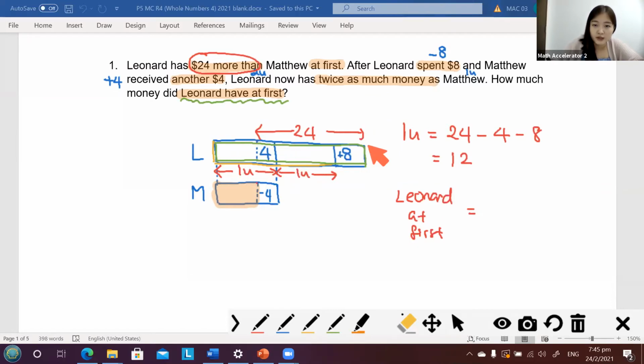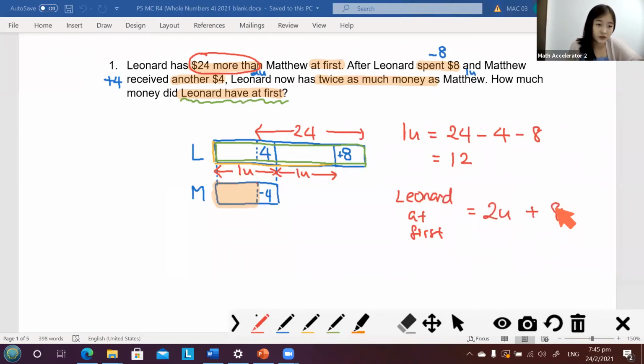It has to be the 8 included, because at first, has Leonard spent the $8? No, haven't yet. So you have to include the $8 because it's not spent yet. So it will be 2 units plus $8.